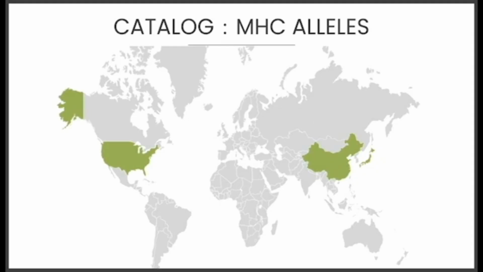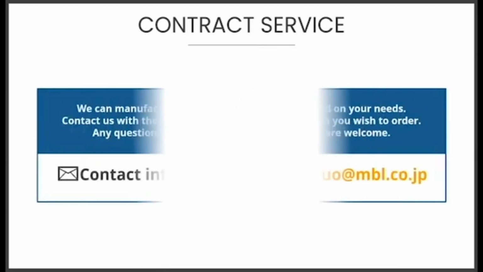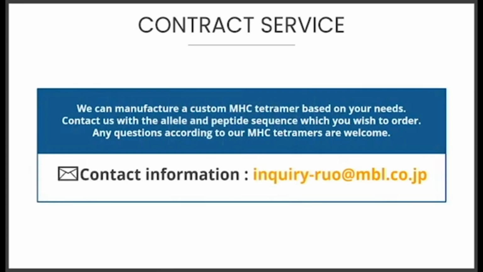They also cover 80 to 90% of the population in North America. You can search our tetramer products on our website or in our brochures. In case you cannot find what you want, please contact our support desk for more detailed information.